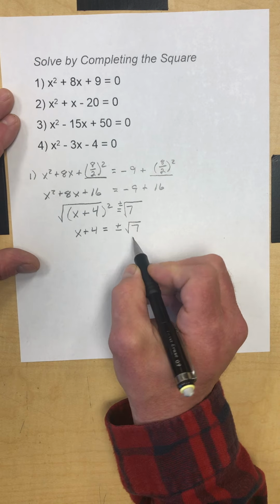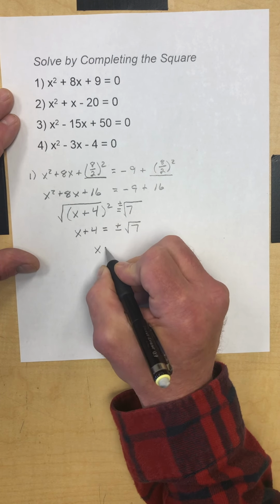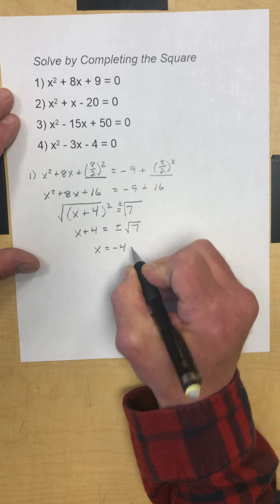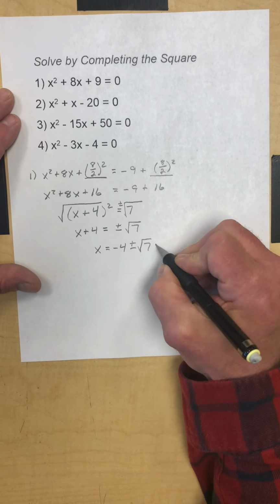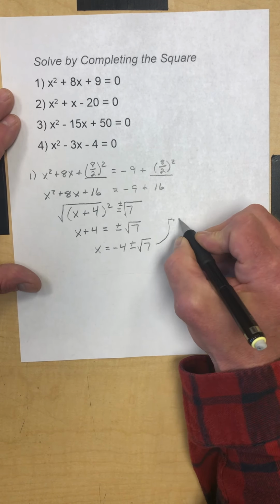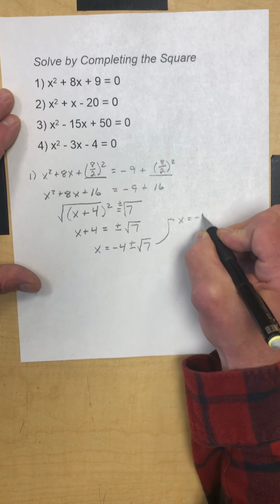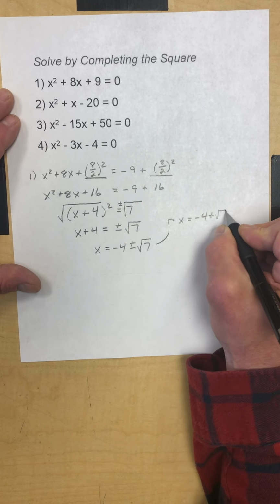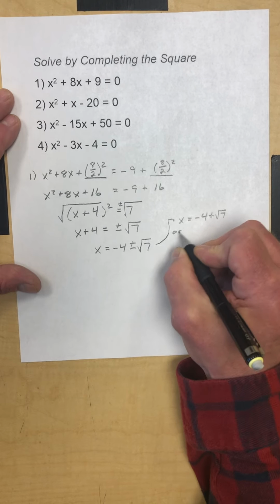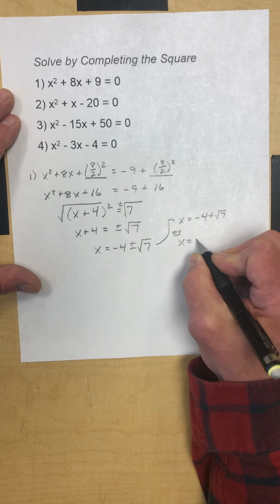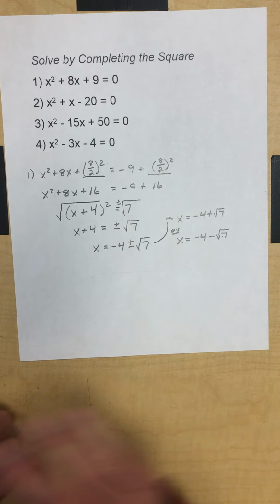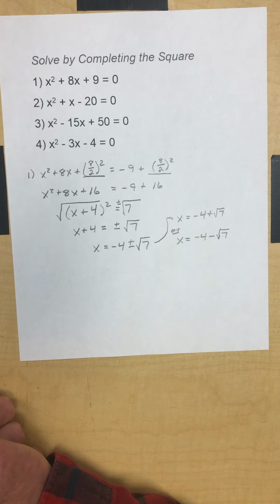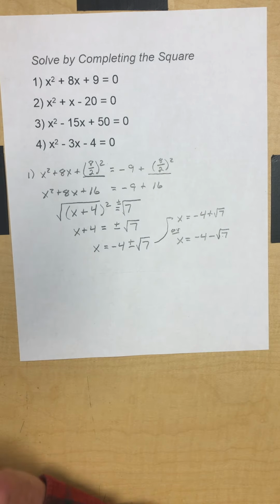If I subtract 4 from both sides, I get x equals -4 plus or minus radical 7, which gives me my two solutions. One solution is x equals -4 plus radical 7, and the other is x equals -4 minus radical 7. So just like most quadratics, I get two solutions. We're in good shape there.